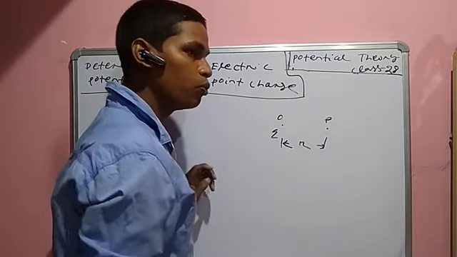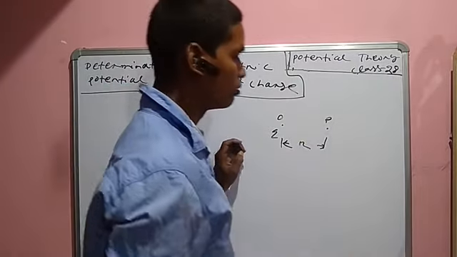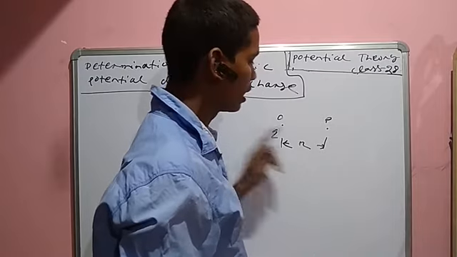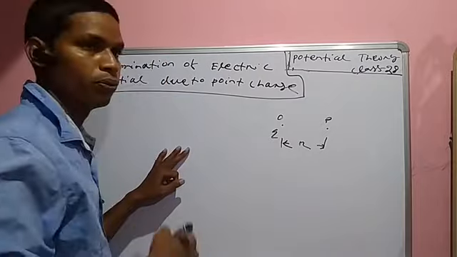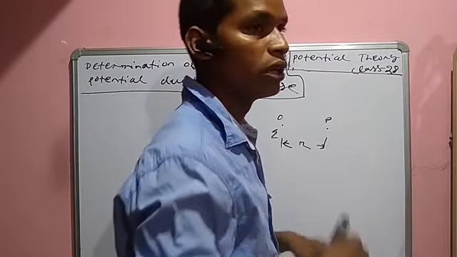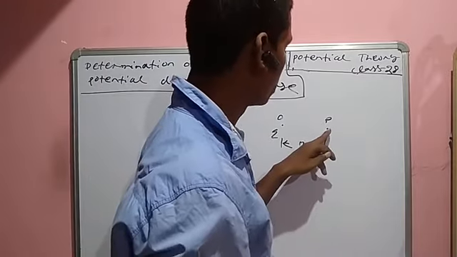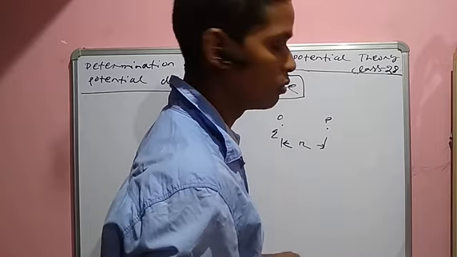That means we have to find out the potential V at point P. In this class we are going to prove that the potential at point P, V, is equal to k q by r.